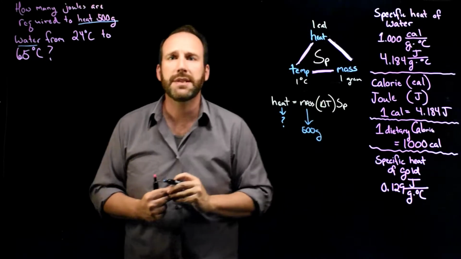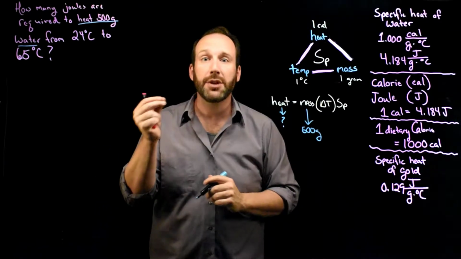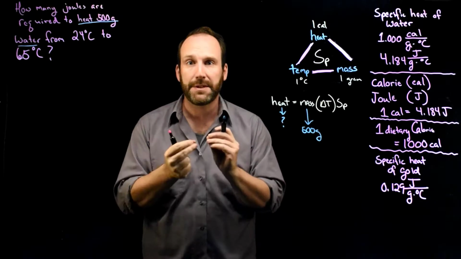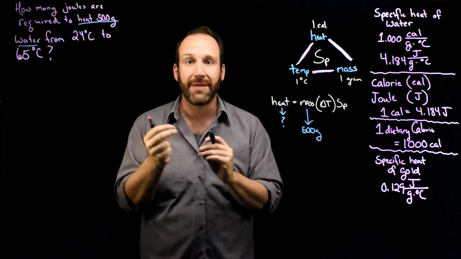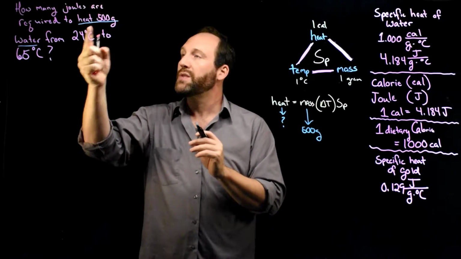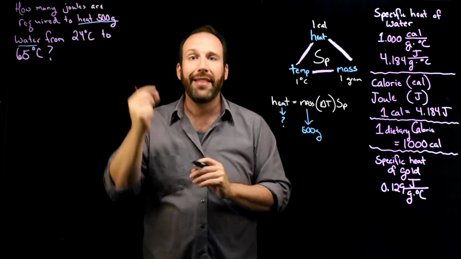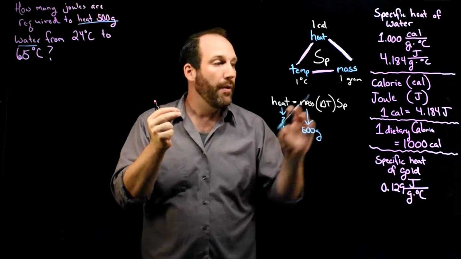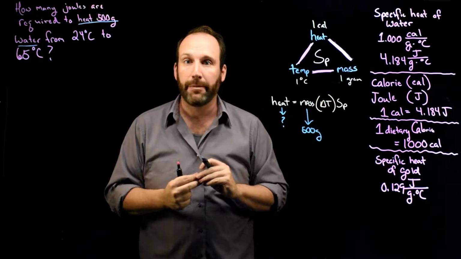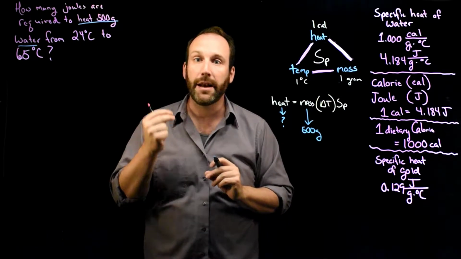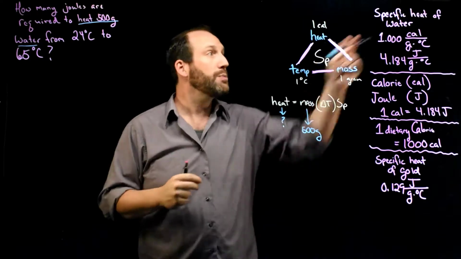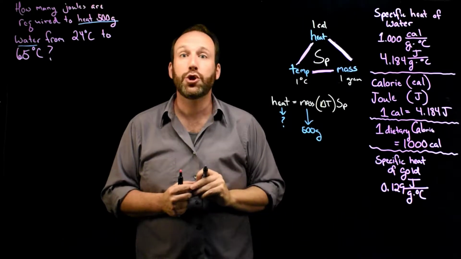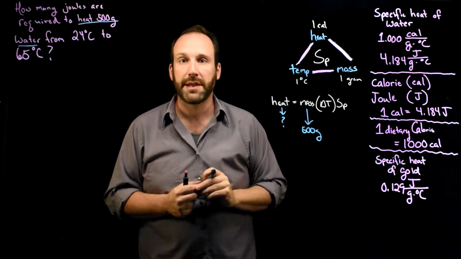It tells us the mass of our substance, but it also tells us what it is, and that's important because every substance has its own specific heat. So it's 500 grams of water. That 500 grams of water means that specific heat in this problem is going to be the specific heat of water, which we're given here. The specific heat of water is 4.184 joules per gram per degree Celsius.